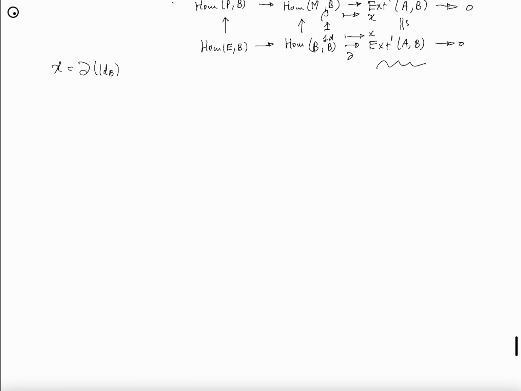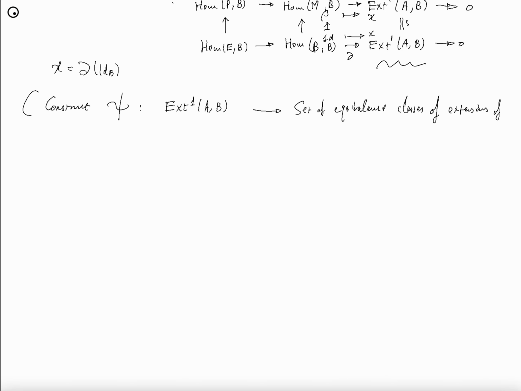Now let's show that we can construct a map, reversing the direction, from Ext^1(A, B), this group, to the set of equivalence classes of extensions of A by B. So this is a little tricky.